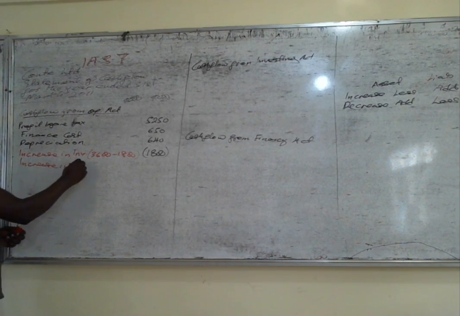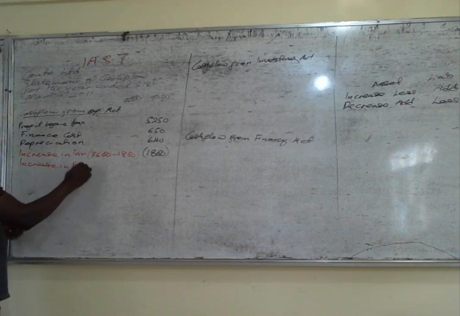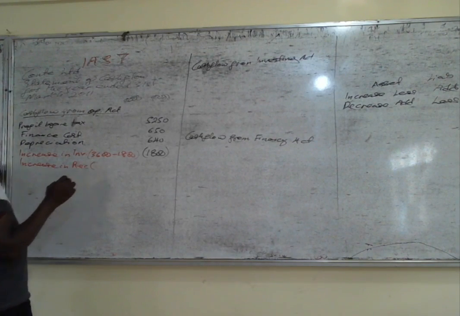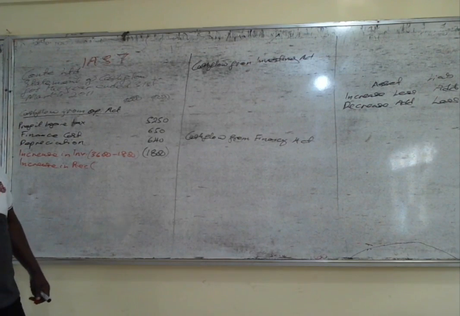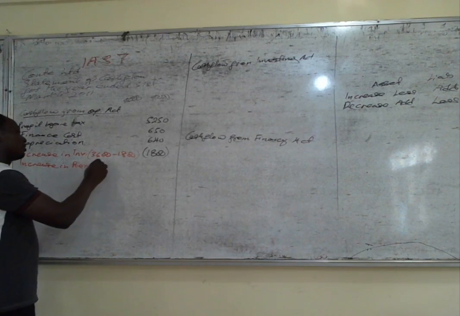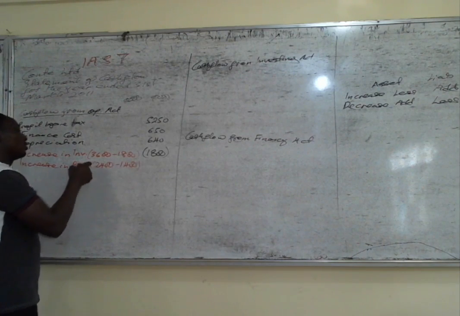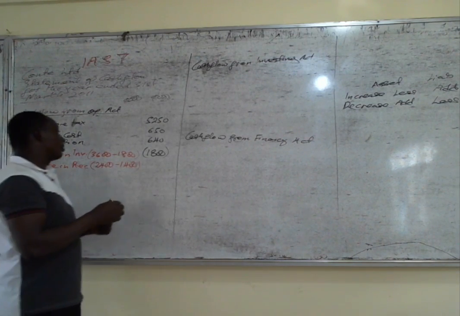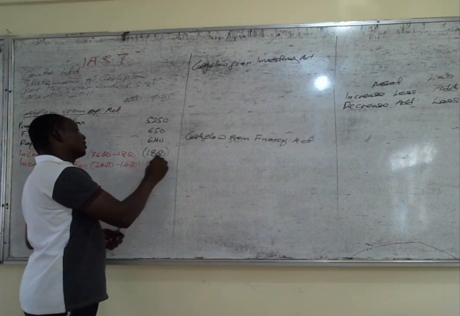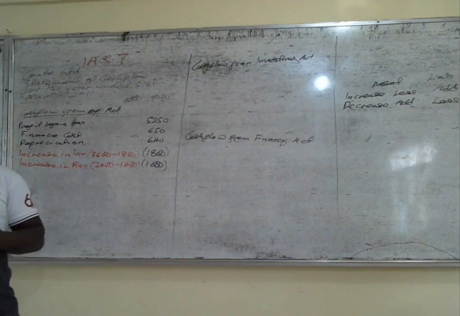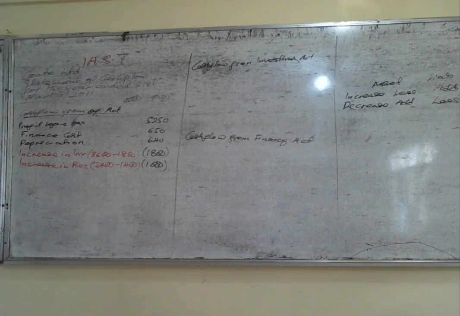Increase in receivables: 2,400 minus 1,400, and the difference will be 1,000. It's also an increase. So more people are owing us. It means that we are financing them. It's like we are paying something to them.